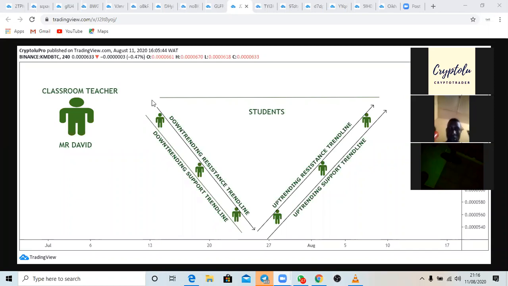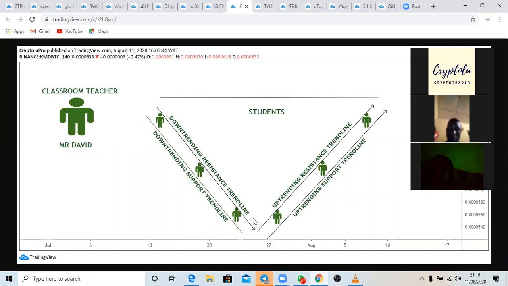He placed him outside the downtrending resistance trend line of the first three students. Let me go again. For the first three students, he placed one here, the second one here, and the third one here. But for the fourth student, he placed him outside the downtrending resistance trend line. You get? So what happened here is called a breakout.